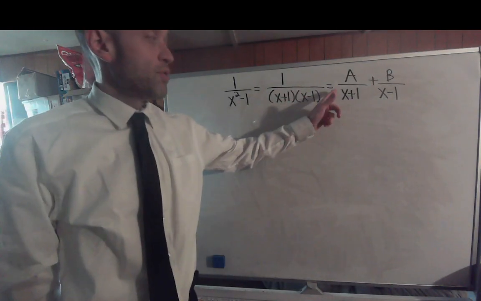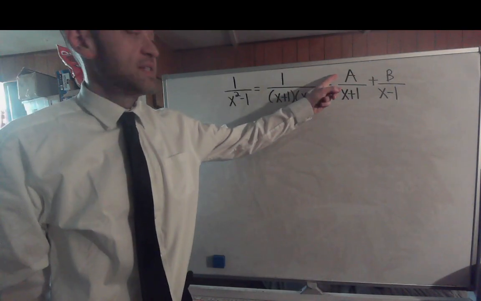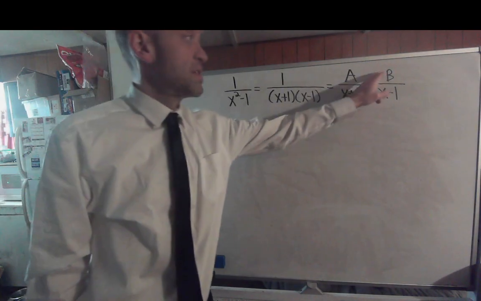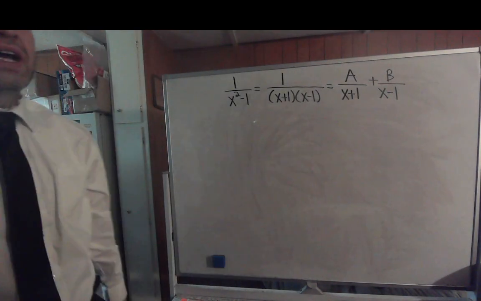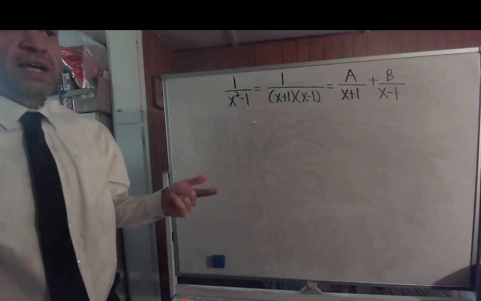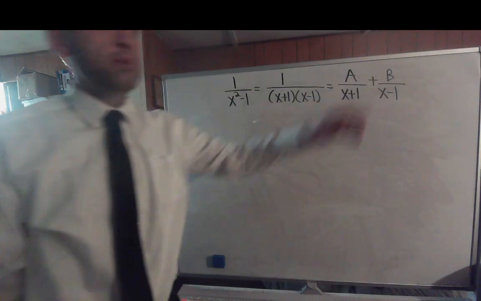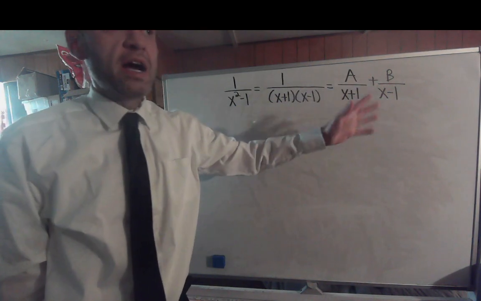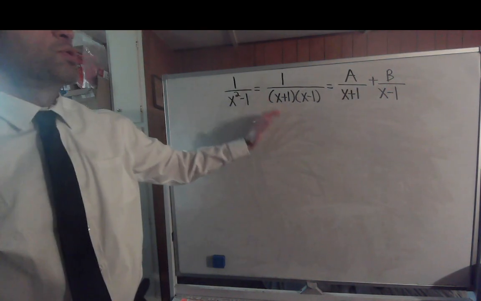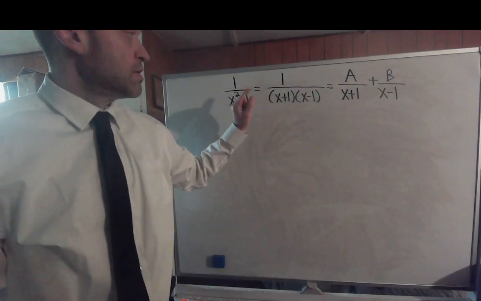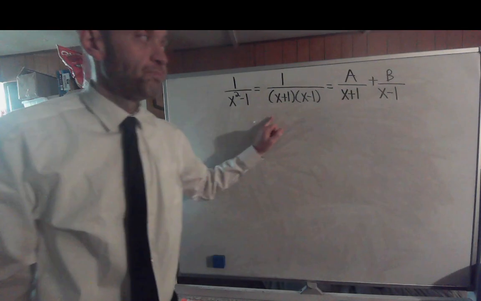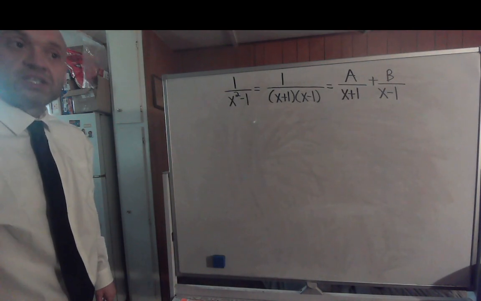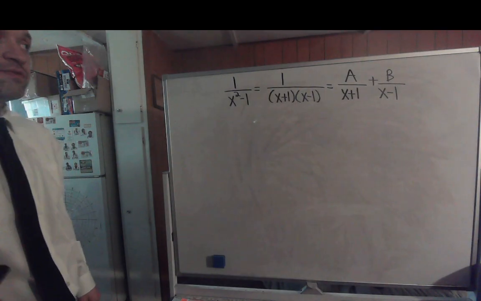You can separate these into some constant a over the first factor plus some constant b over the second factor. And at the end, whatever values you get for a and b, if you multiply both of these and get the same common denominator, you should end up with your original expression. And this actually uses systems of equations to solve for these variables.